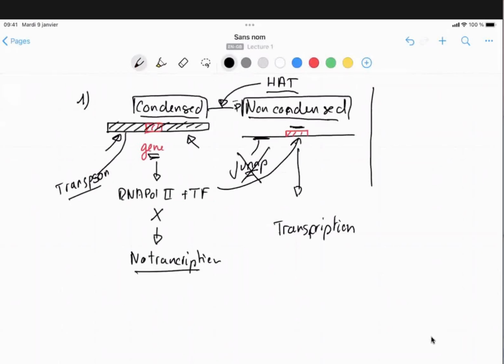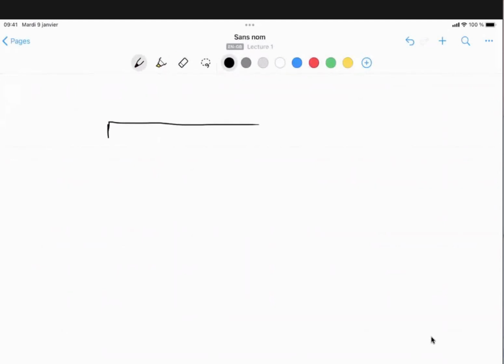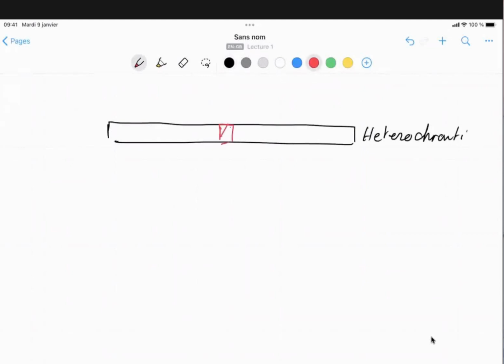So there is another way to regulate specifically the decompaction. The idea is this one. We are in a situation of heterochromatin. The gene of interest is here. That's the gene.